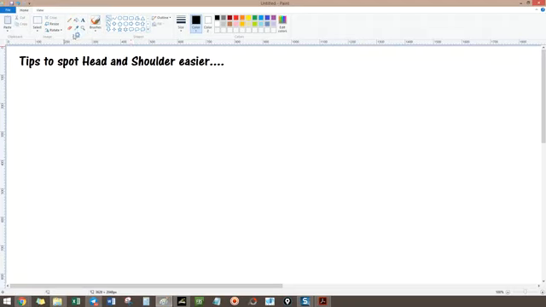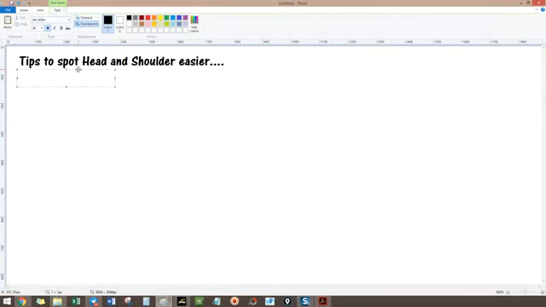First, find a HNS pattern in a line chart.